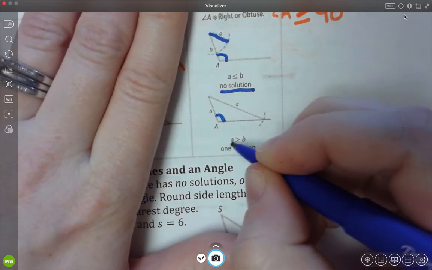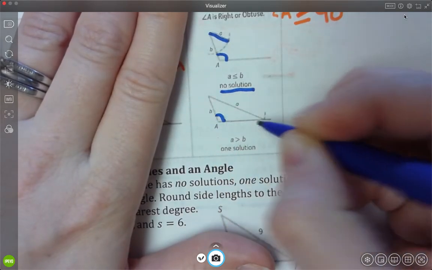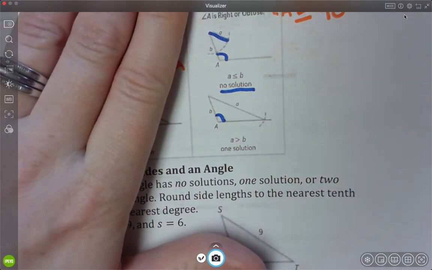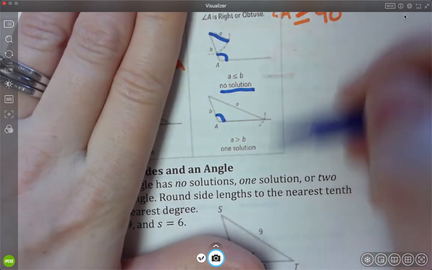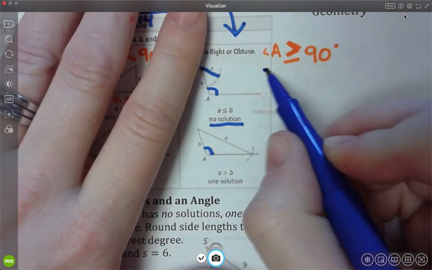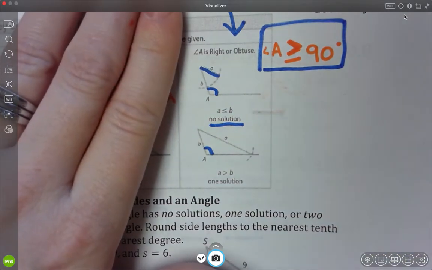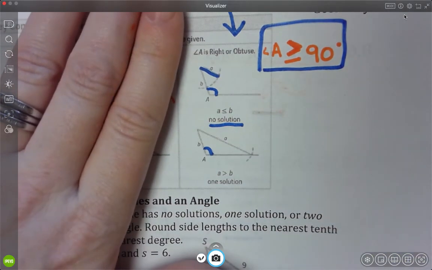But if A is greater than B, it will touch down and you have one solution, and everything's good to go. So when the angle is greater than 90 degrees, you just check the relationship of A and B, and that tells you what to do.